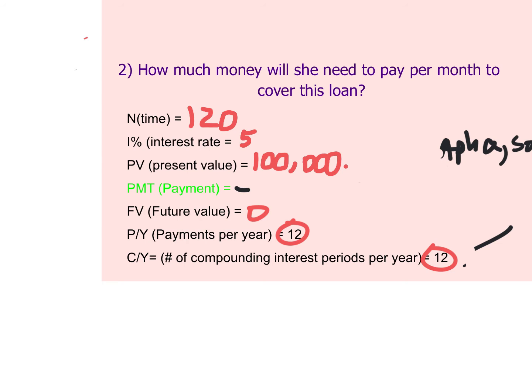So instead of this number being fixed, the 120, we're going to let that number change. All right, so go into the payment and type in, you want to make payments of $700. So type negative 700 there, and then go back and alpha solve here.